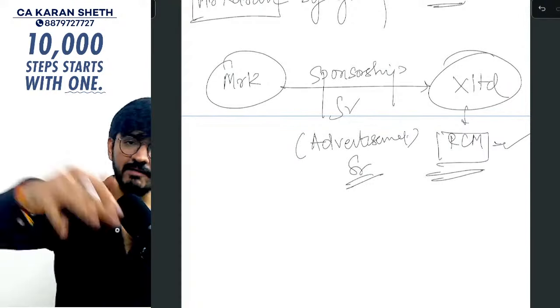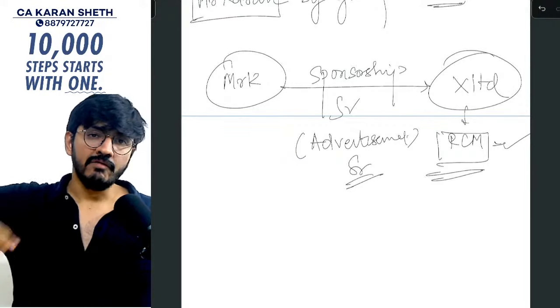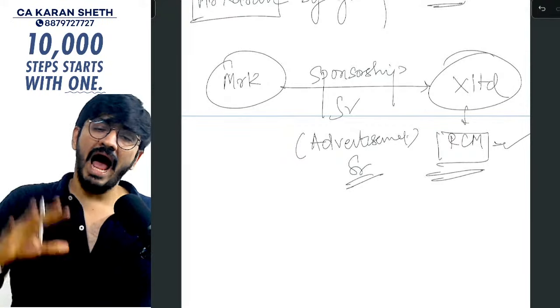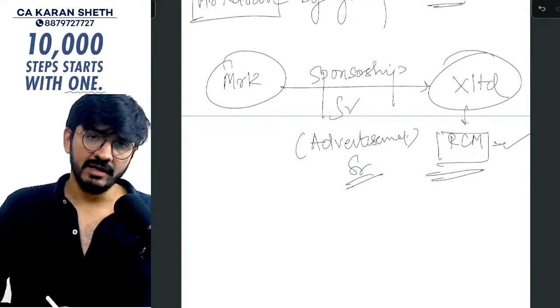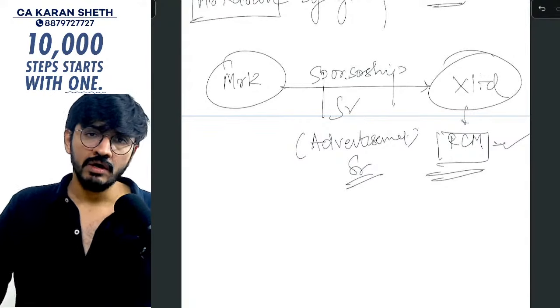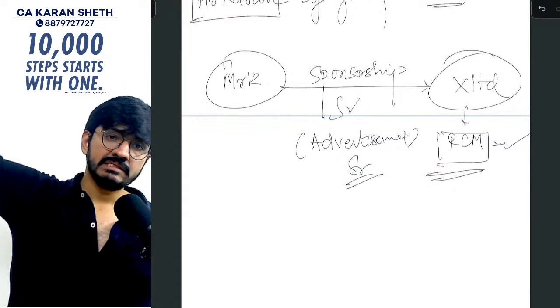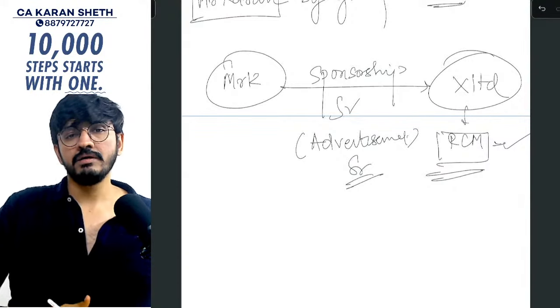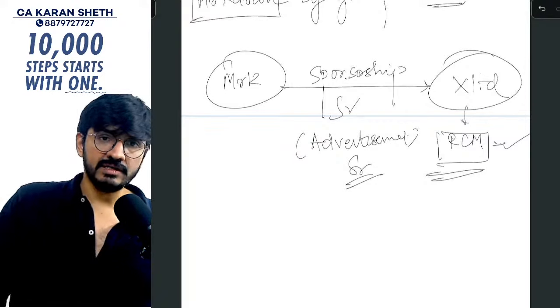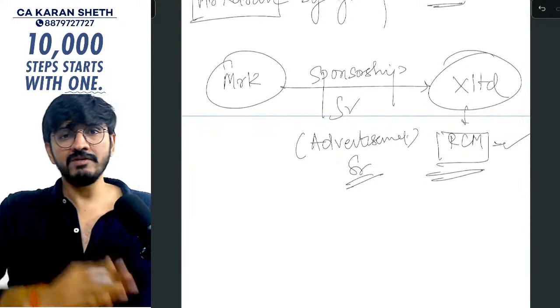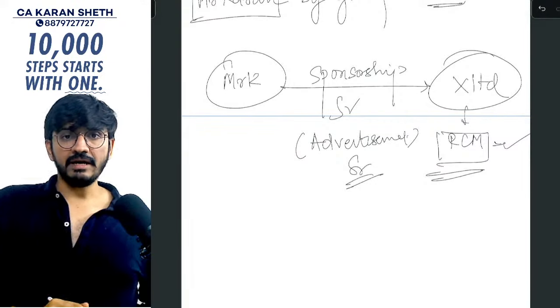Why would I have received 10 lakhs from X Limited? I have to give something in return, no? So I will paste his hoardings. I will do his advertisement. So in the name of advertisement, they are actually telling you that you are giving sponsorship service, right?